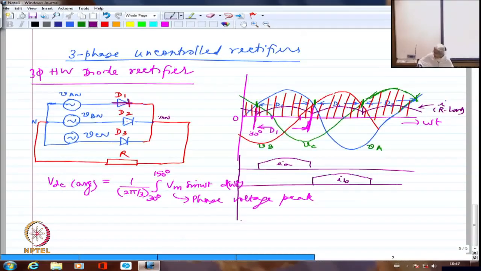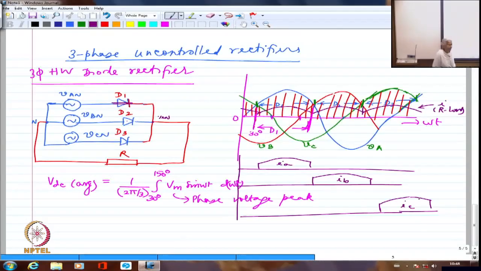And for C phase, this is going to be C phase current. No negative half cycle currents. And the currents are far from being sinusoidal anyway.